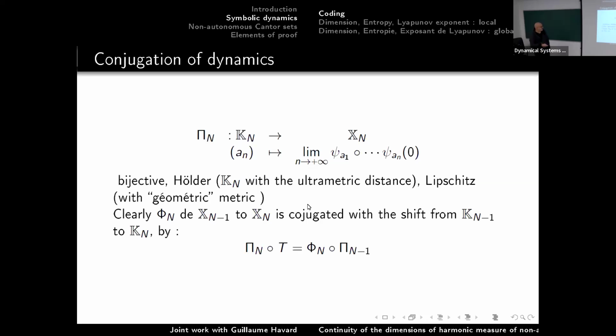So it's an easy way to identify now the sequence of the coding space with the copies of blue domains we have at the nth step of the construction.